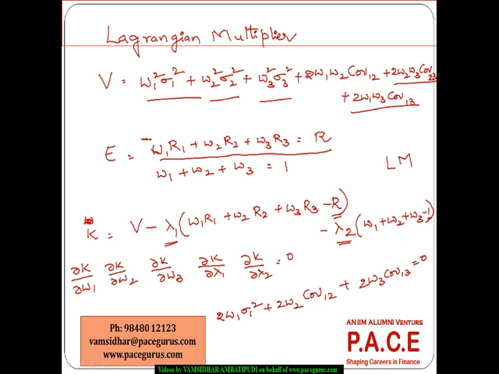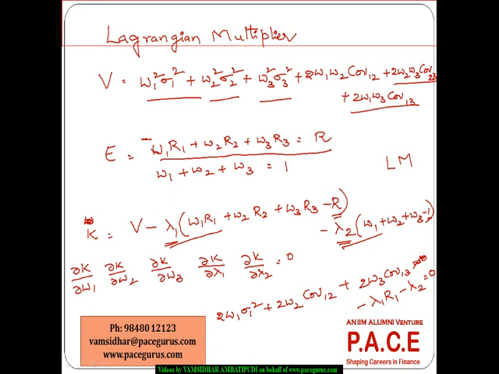So this part is 0. And again there are a few more W1s. So here it is coming out to minus lambda 1 R1. This also contains a W1. And here also there is a W1 which is minus lambda 2. So this entire thing is becoming 0.